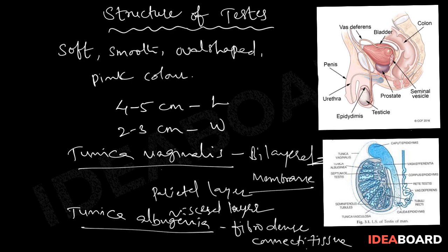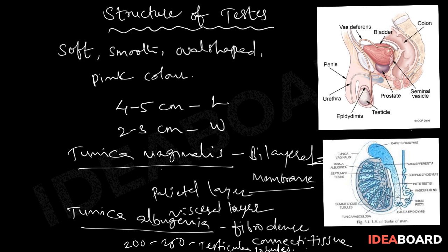This strong fibrodense connective tissue layer, which is very closely present around the testis, will enter into the testis and divide it into 200 to 250 testicular lobules. In each testis, approximately 200 to 250 testicular lobules are present.